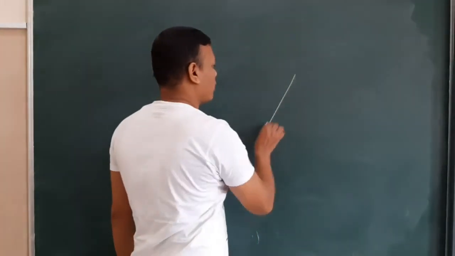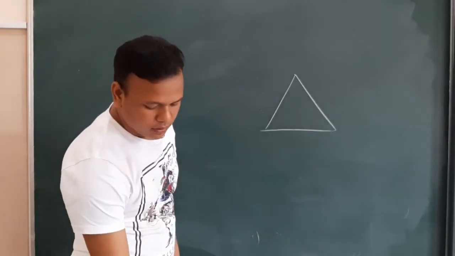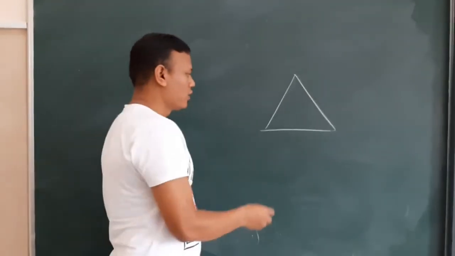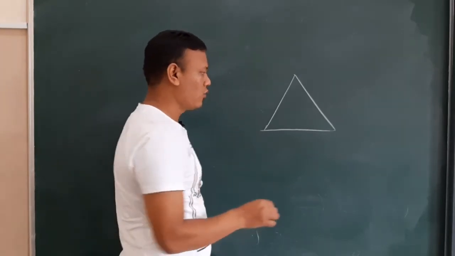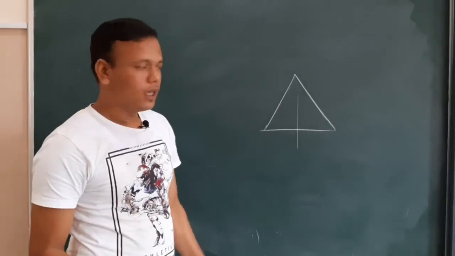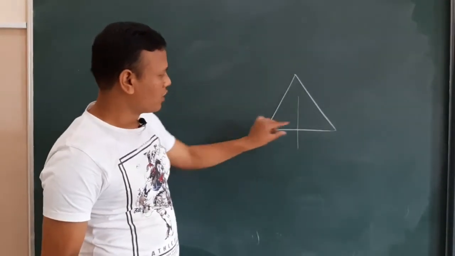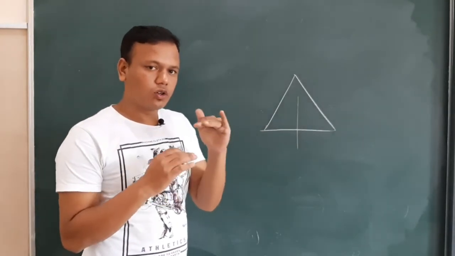This is your triangle and you want to draw the circumcircle. From your class 10 construction, you know that you have to draw the perpendicular bisector. If the points are given, then our work is very simple. It's going to be short and sweet.